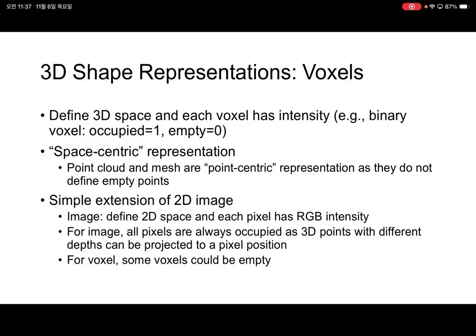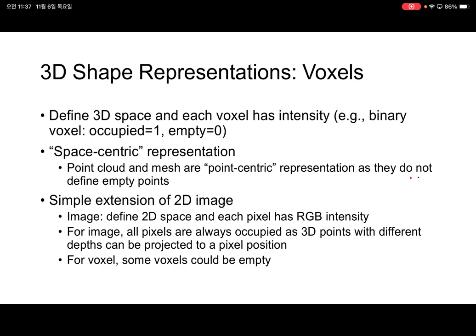And it is actually very different from mesh and point cloud. In mesh and point cloud, each vertex or point is defined only on the object, right? They are not interested in the empty exterior or interior region of the object, only interested in object surface. But voxel is a space-centric representation. It first defines space, and then if the voxel is occupied or has some intensity, then we fill it.